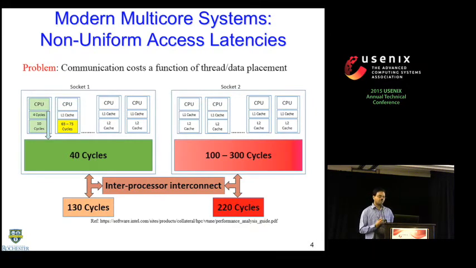And it gets even worse if it tries to access something in a remote cache, because the access takes on the order of a few hundred cycles as opposed to a few tens of cycles, which would be the access latency inside the same socket. So it's very clear that both NUMA issues, where you access memory in a remote RAM, and the access latencies for a remote cache, are all important in achieving good performance.